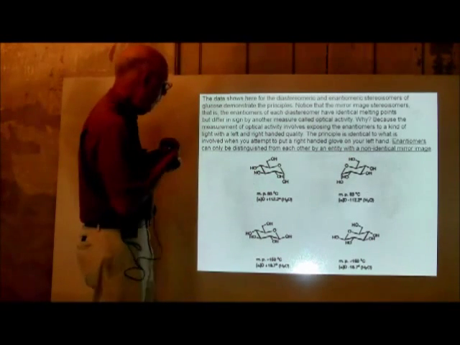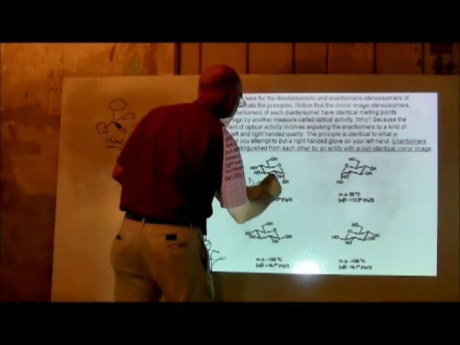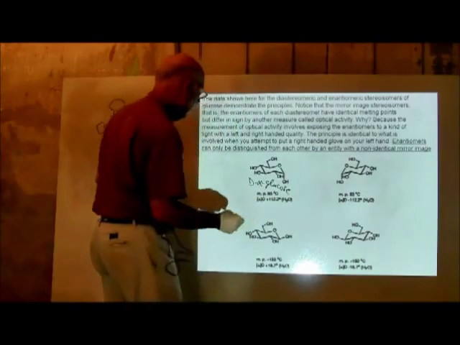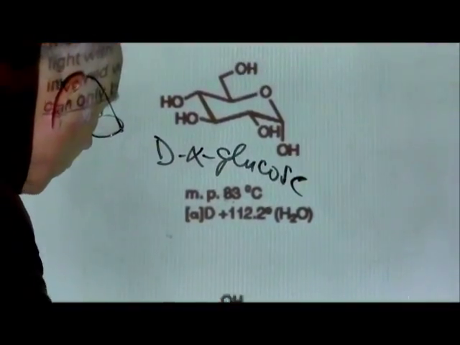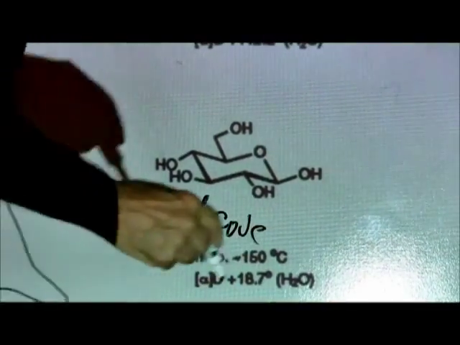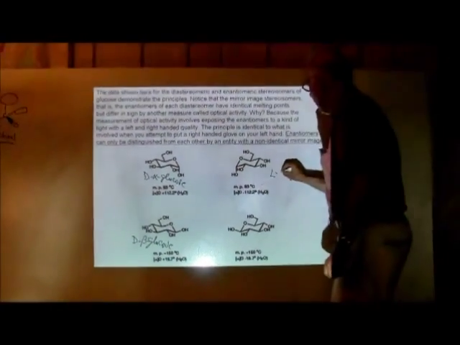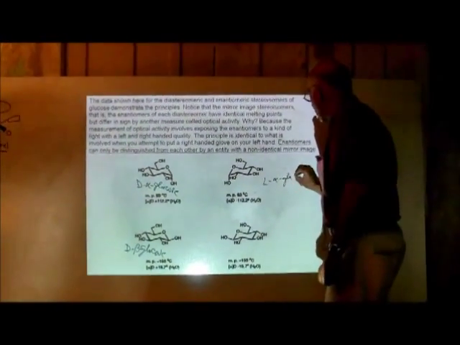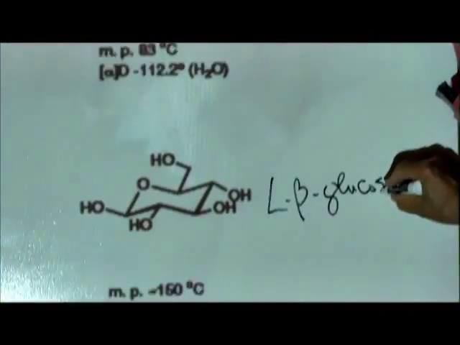This is called D-alpha glucose. This is called D-beta glucose. This is called L-alpha glucose. And this is called L-beta glucose.